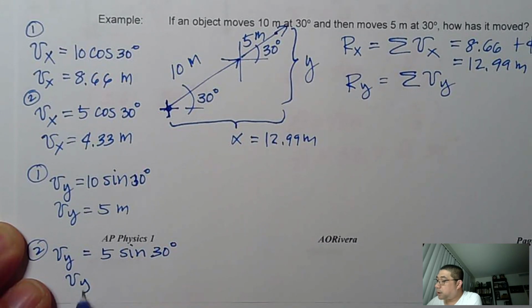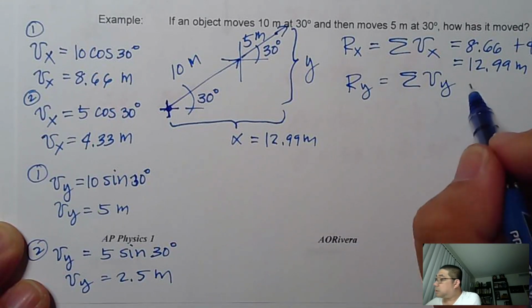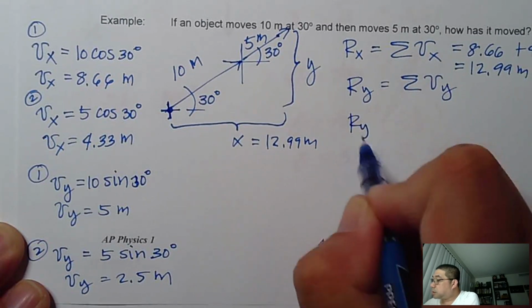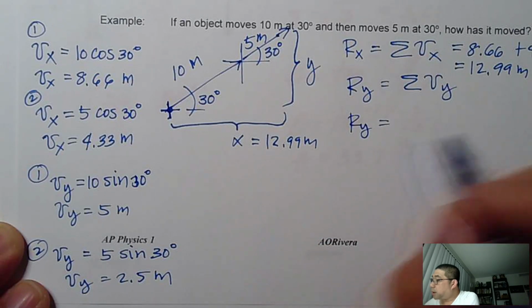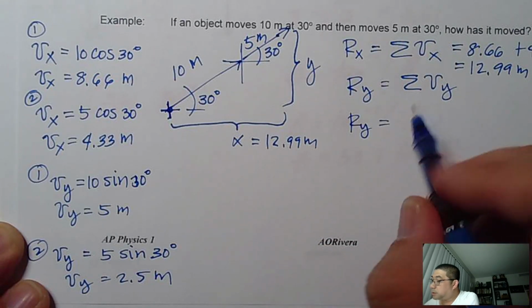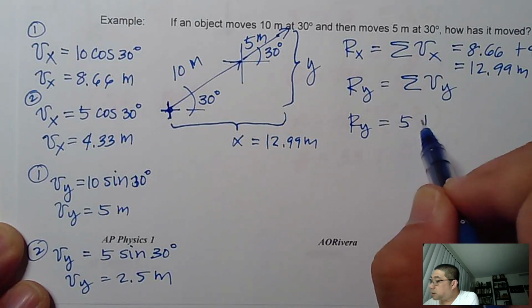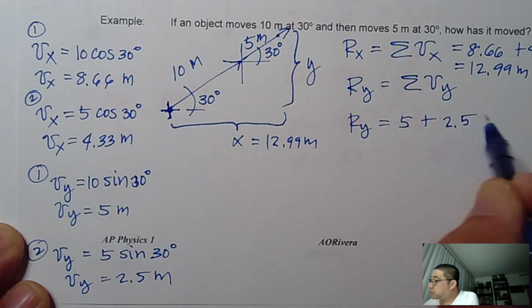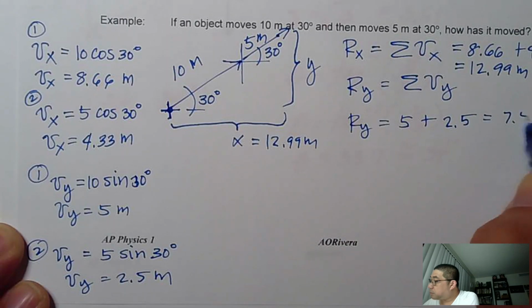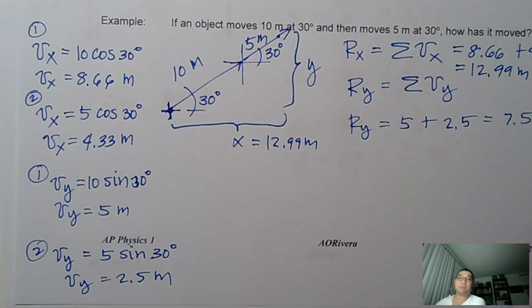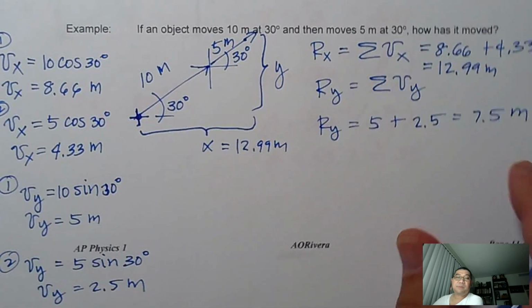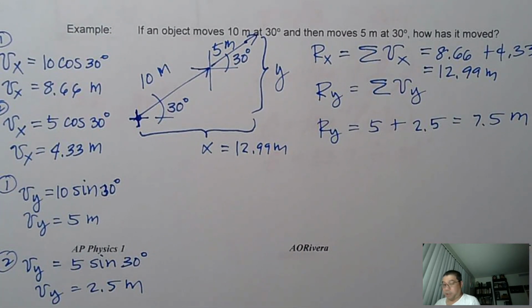So v of y is simply 2.5 meters. R of y is simply 5 plus 2.5 meters. So therefore that is 7.5 meters. That's very simple, not too complicated.